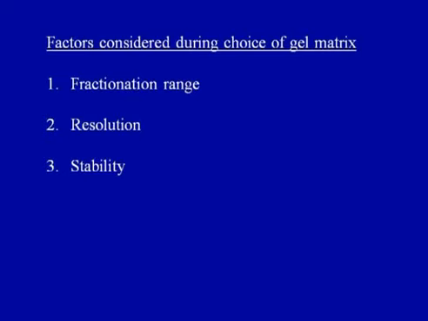Then you have to consider resolution. For higher resolution, smaller beads should be utilized. They will give better resolution because molecular diffusion is lower and there is less zone broadening. However, smaller particles give higher resistance, so you have to use, say, high performance chromatography or very good pumps for that purpose.